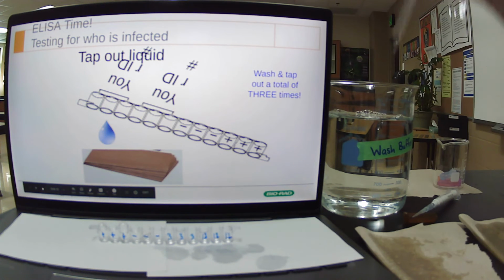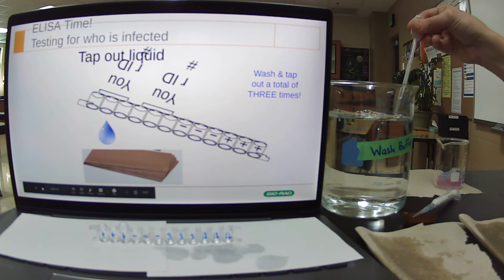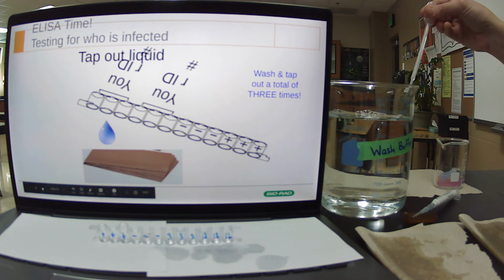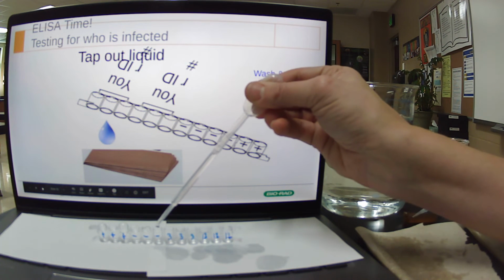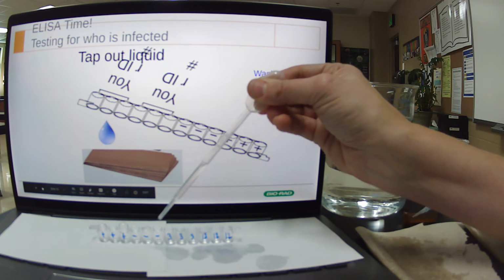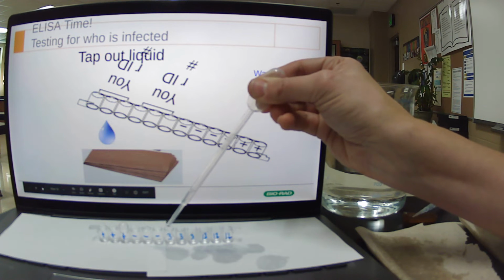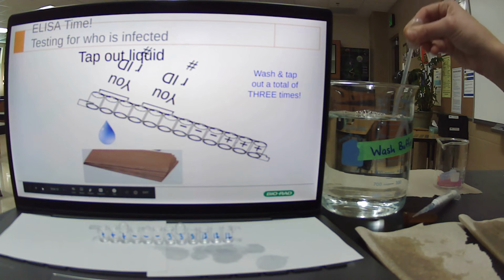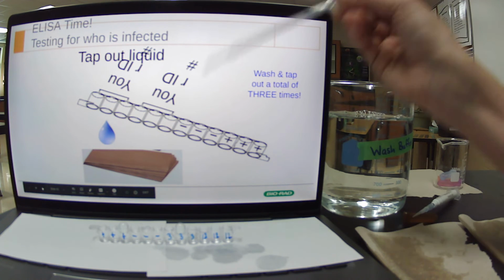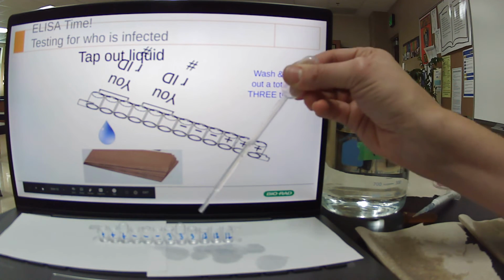Sometimes this step gets a little bubbly because there is an actual detergent type substance. We're washing things, so it is basically like soap, to make sure that all of those extra things get washed out of there. So that's why sometimes it gets a little bubbly. All right, just about done with the second wash here.